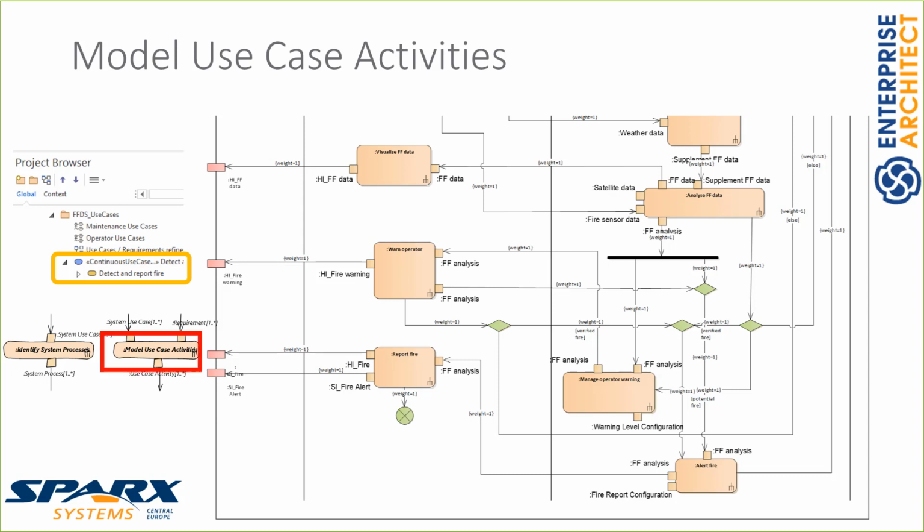Well, the level of detail depends on the needs of the project. Here on this slide you see the hierarchical organization in your model. So you see the use case is an owner of this activity.